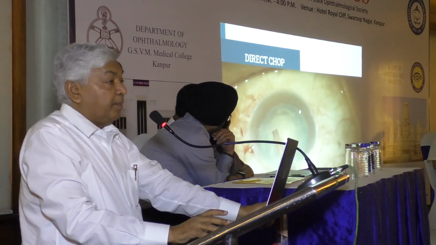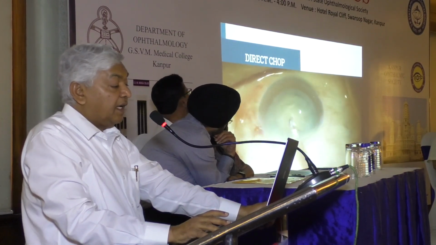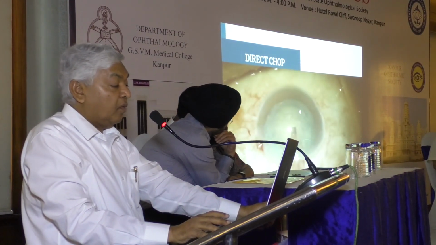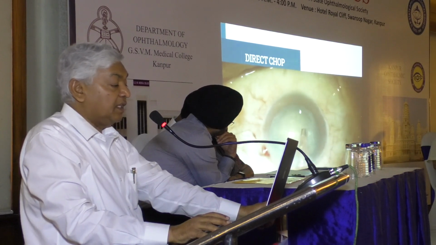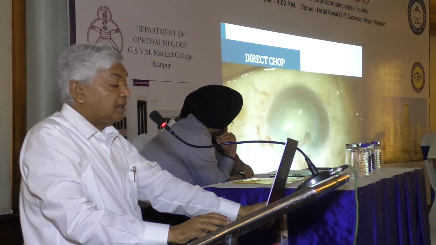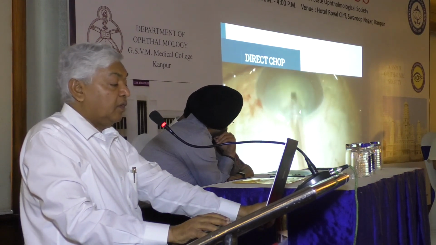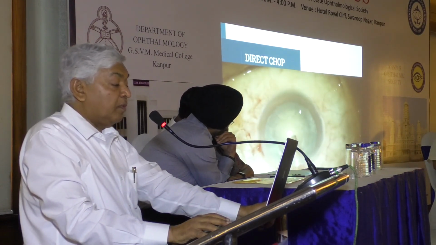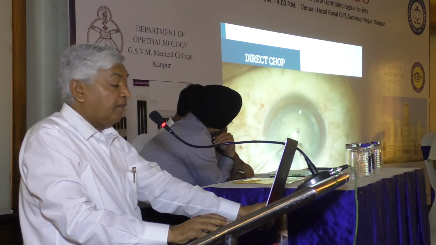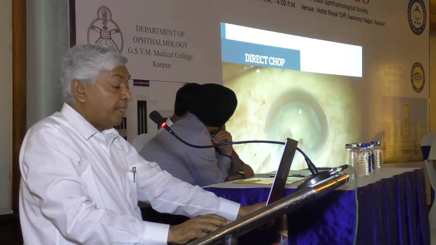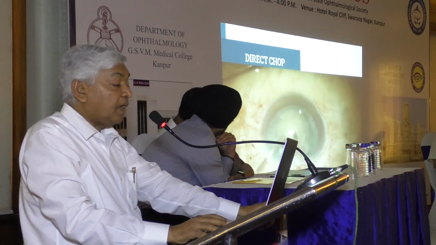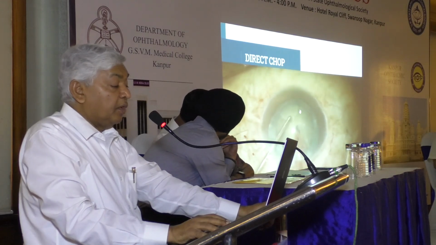And then direct chop: you can see, slightly wash the nucleus after this, some epithelium will wash away and expose the nucleus slightly. In this condition the vacuum should be much more, 500. Then with the help of this chopper, stabilize the nucleus, and then impale in the center of the nucleus.